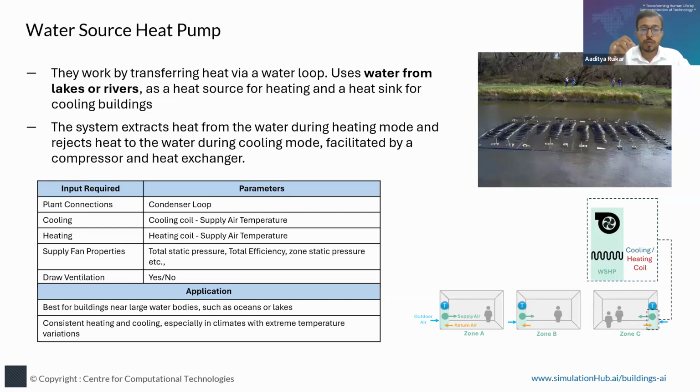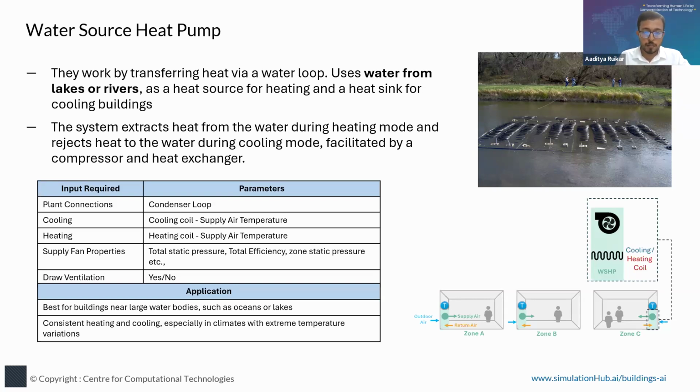So it is mostly used for buildings or projects located near lakes, rivers or large water bodies, where this system uses outside water as a heat source for heating, and for cooling it uses water as a heat sink.